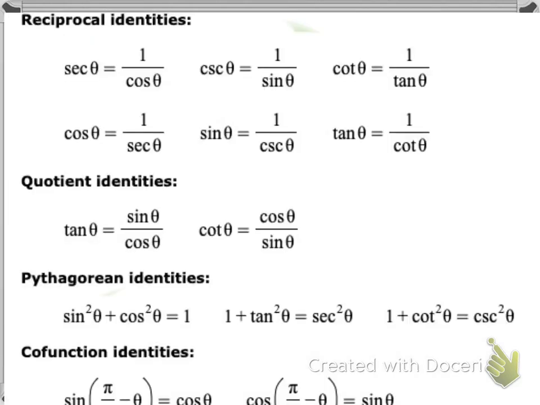And if we look back on this page and we look down right here, I have sine squared of theta plus cosine squared of theta equals 1. Now I'm going to take this. I am going to solve this for sine squared.